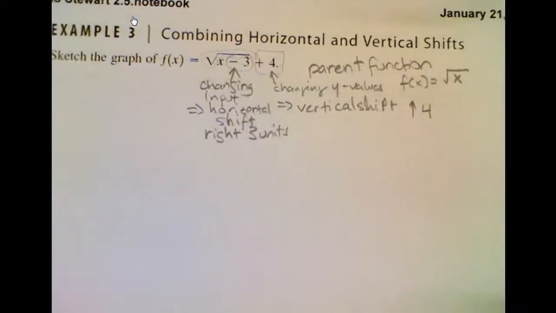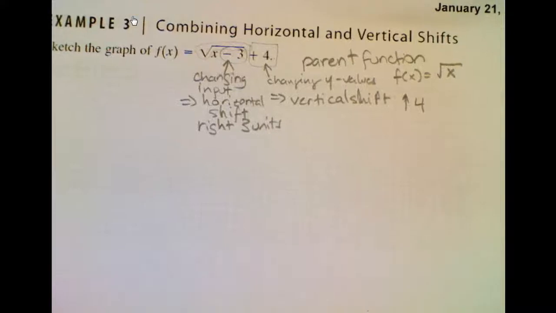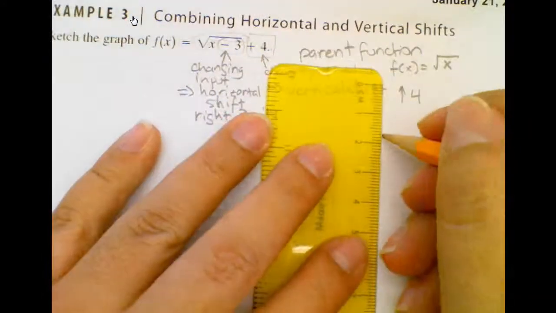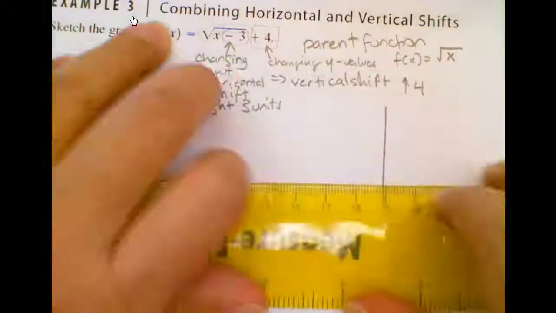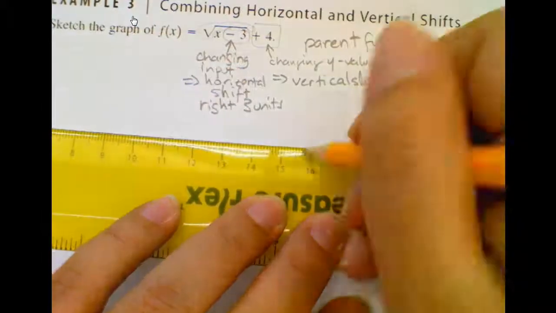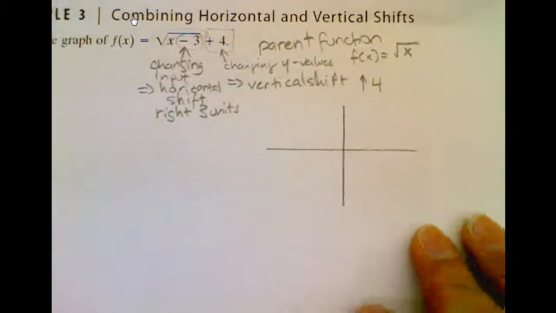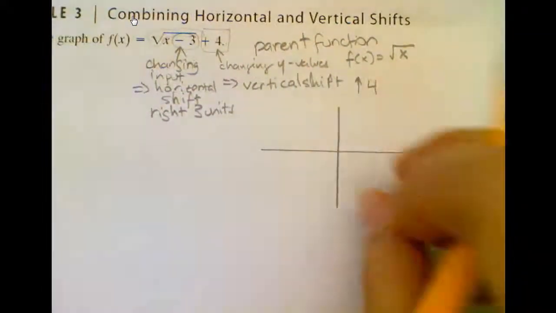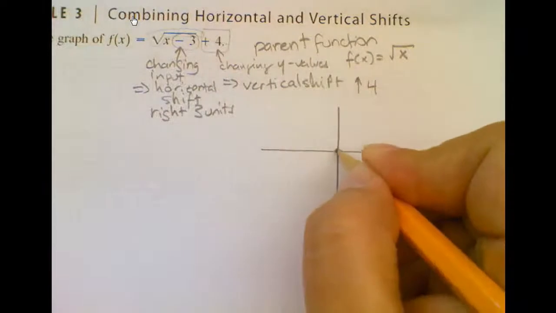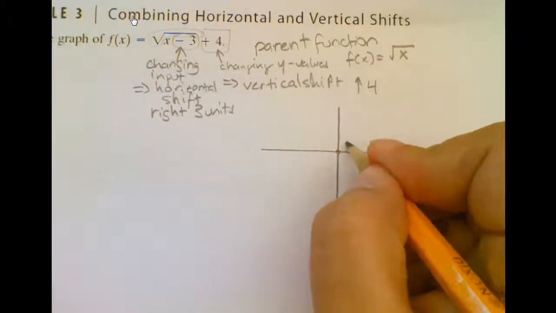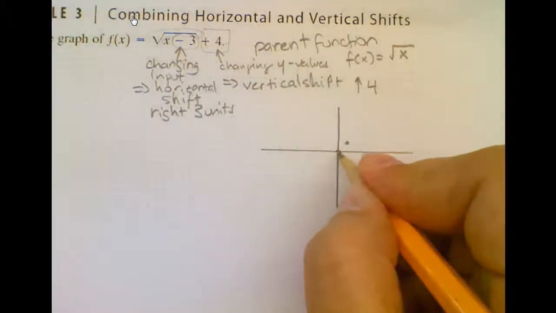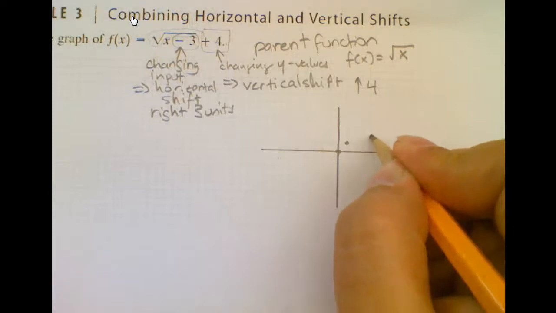Now for square root of x, you must remember what the important points are for that. And this is something that you have to have in your mental library. So square root of x looks like a parabola, but laying down and half of it only. So it starts at 0, 0, then square root of 1 is 1, then square root of 4 is 2.